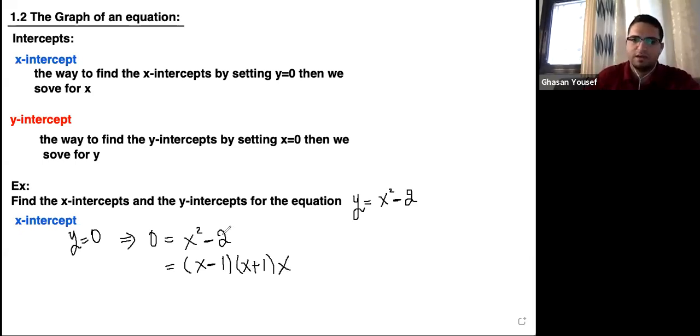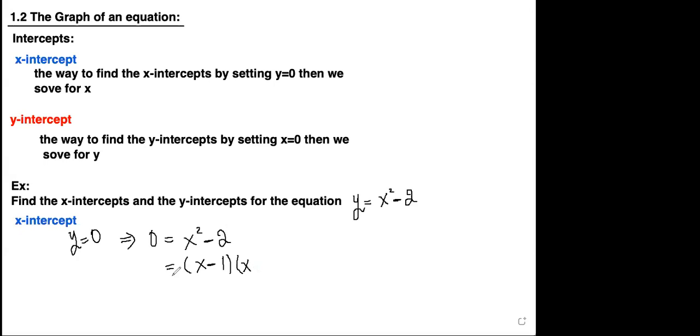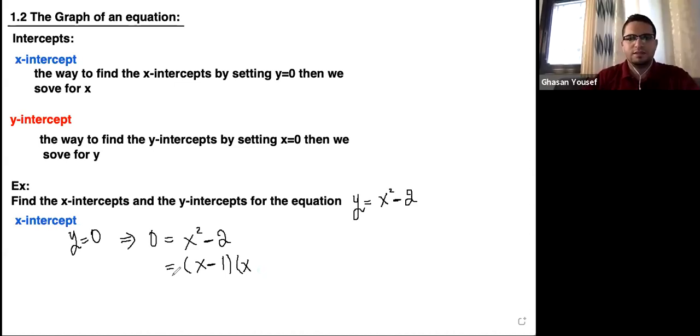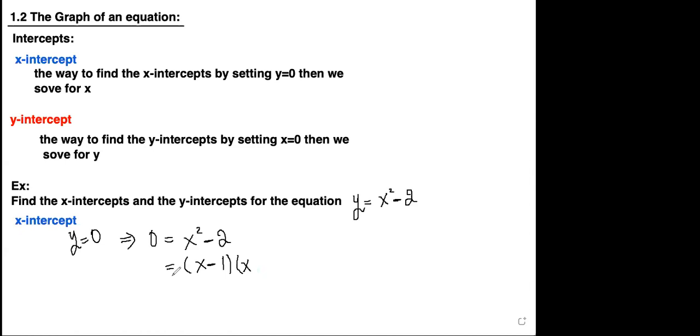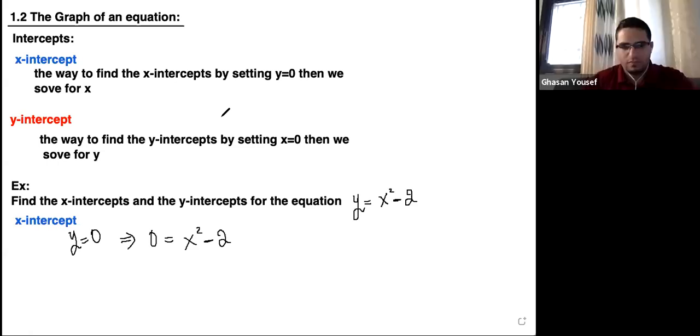I think you would just add 2 on both sides and take the square root. Yeah, this is good. We add 2 to both sides, then we get x squared equals 2.